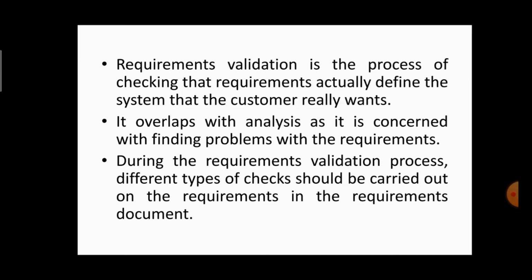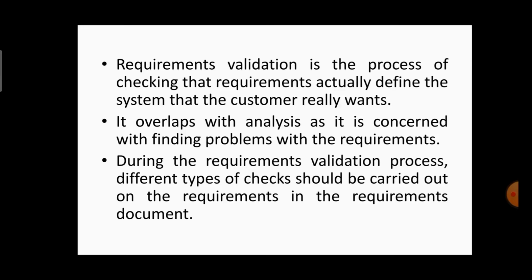And one more important thing, during the requirement validation process, different types of checks should be carried out on the requirements in the requirement document. So, when I say requirement validation, you have to check the requirements, right? How to check them? There are different types of requirement checks available, and you can apply them to the requirements present in the requirement document.